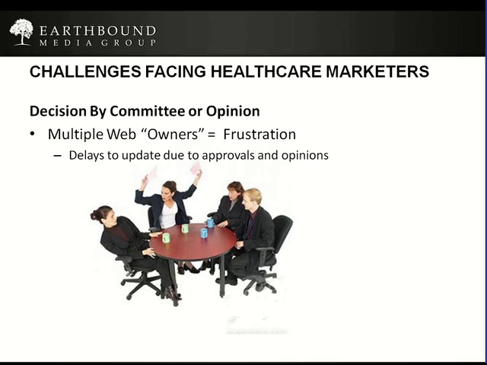But as we all know in healthcare, there are many stakeholders that come to the table when decisions are being made about a website. And I think that's really true in any organization. And hopefully those people who are at the table aren't getting too frustrated. But when there's multiple opinions and approval processes to get a website changed and optimized, that can really cause a lot of frustration and delays. And hopefully testing will show you that you can eliminate that.